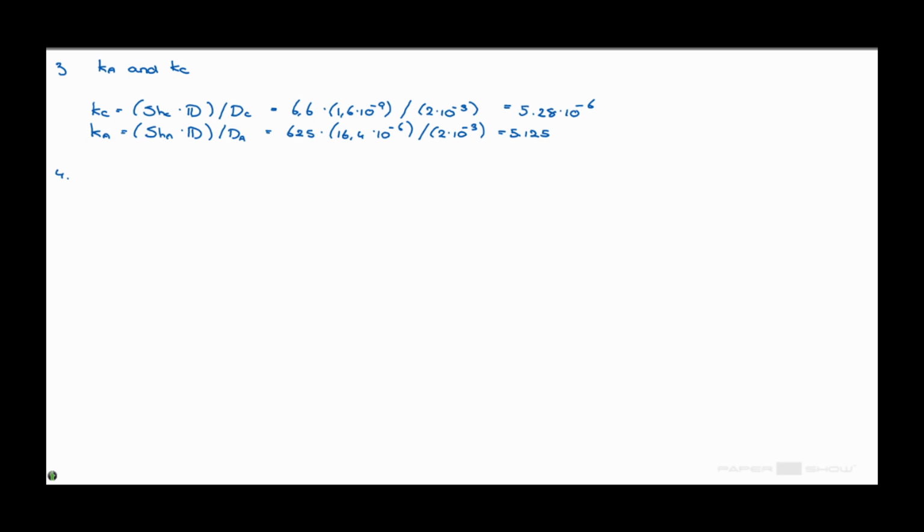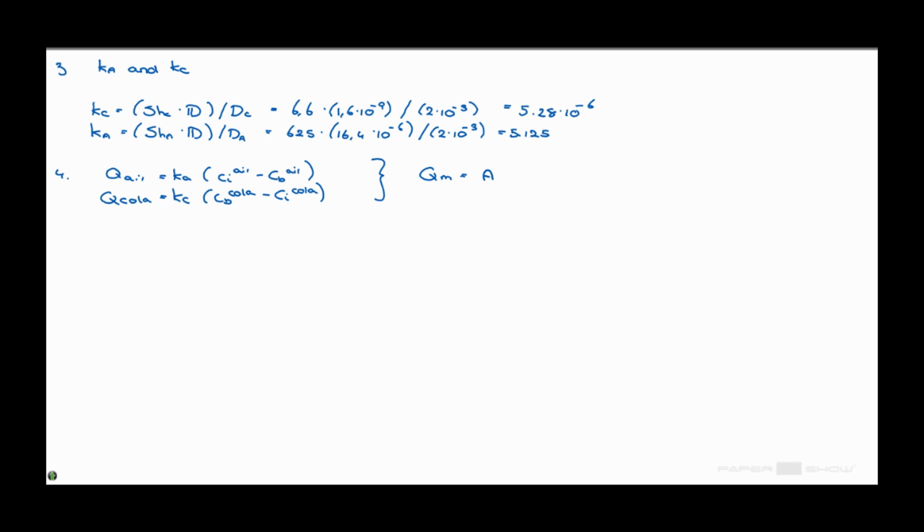Now for the fourth question, we had the multiple choice question about what we can say about the resistance. We first have to look at the mass balance, the two mass fluxes. This is of air, this is shown right now, and we also have that of Coca-Cola. Combining these two mass fluxes, we get a total mass transfer flux.